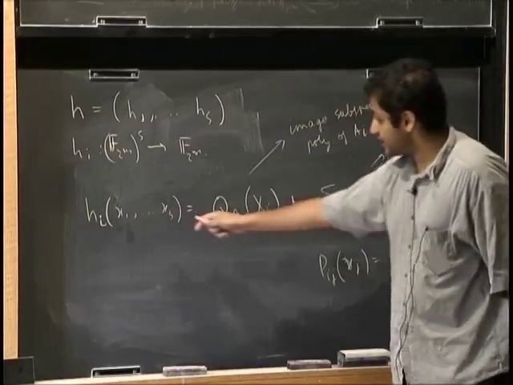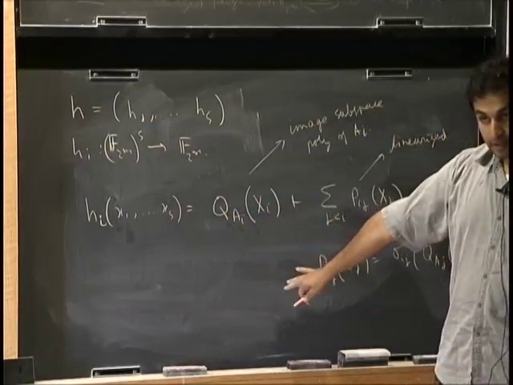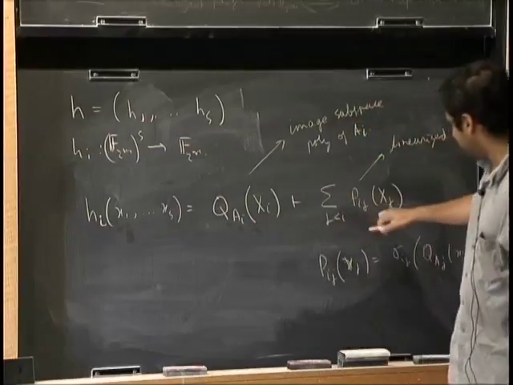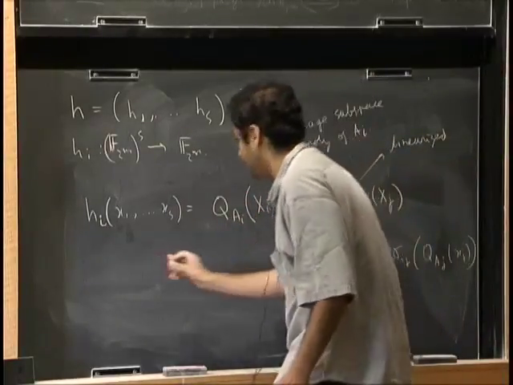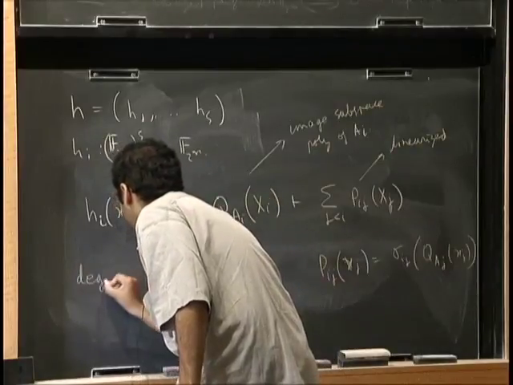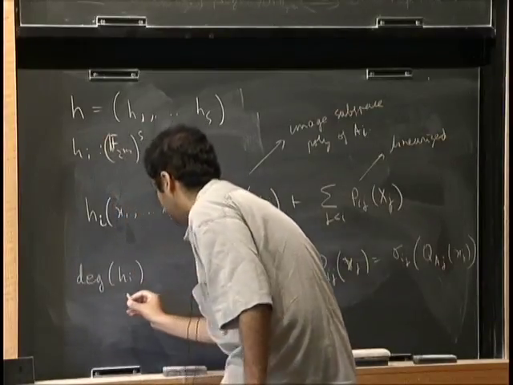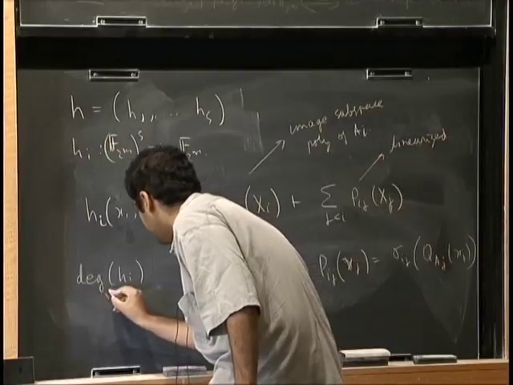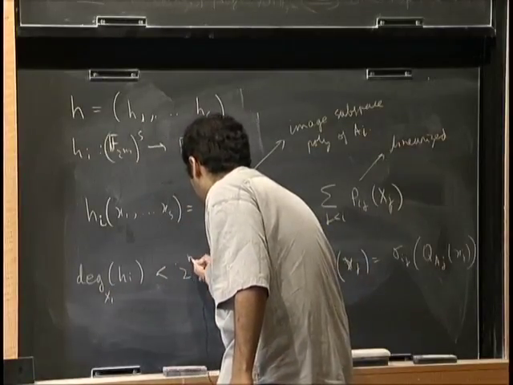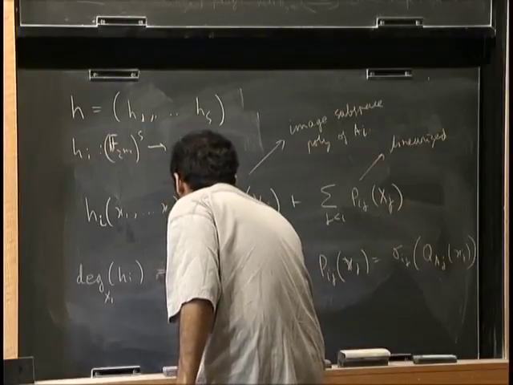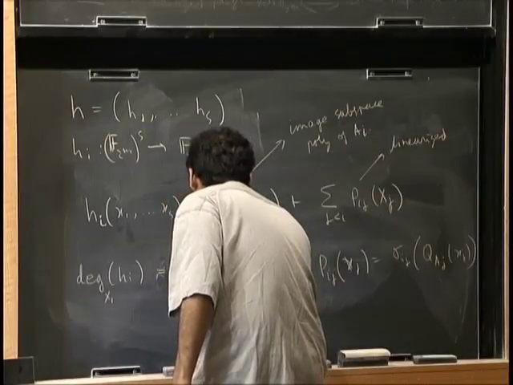You want to say something about the degrees of the HIs? An hi is just a linearized polynomial, because QAI is linearized and these are linearized. So the degree of hi in the variable xi is less than 2 to the m, in fact, 2 to the m minus the dimension of ai.